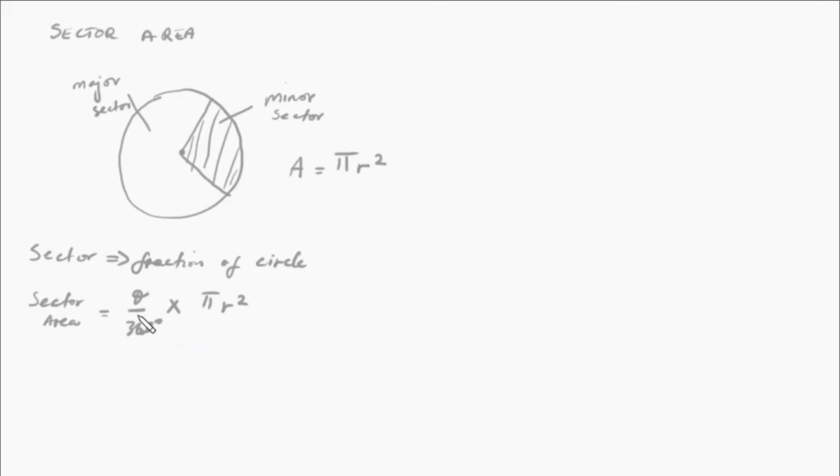It's a fraction of the area of a circle, since a sector is a fraction of a circle. Theta would be this angle if you are looking at the shaded area, which is the minor sector. But if you are looking at the unshaded area, then your theta would be this angle here, which is 360 minus this.